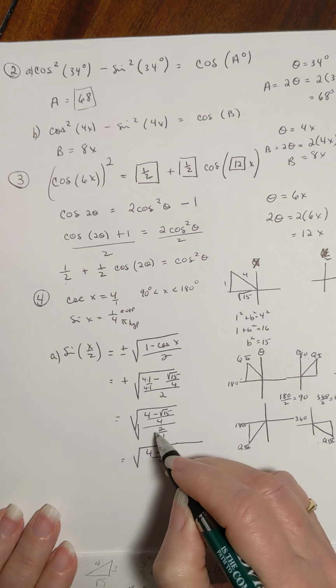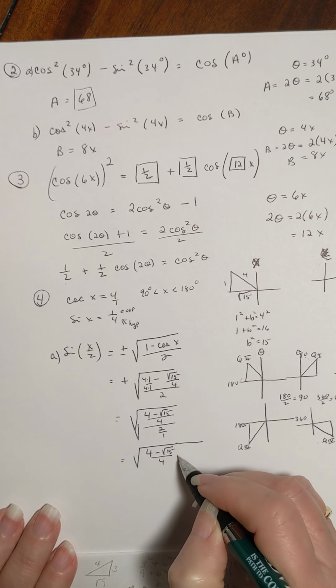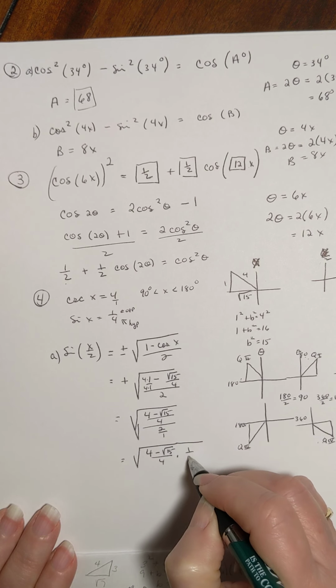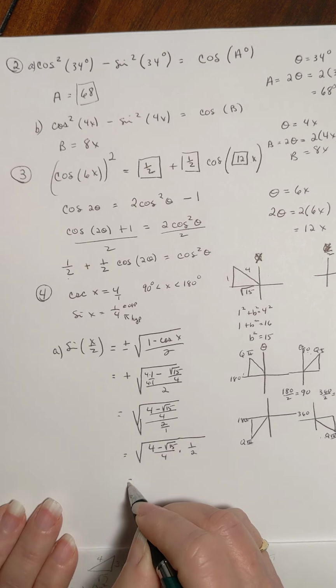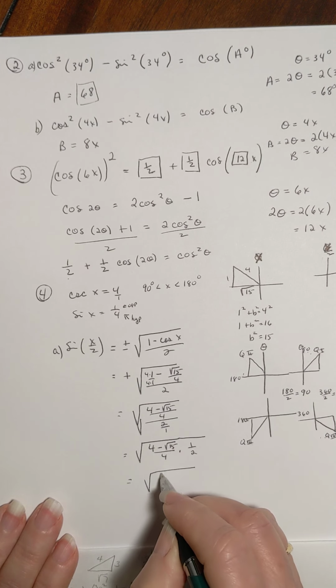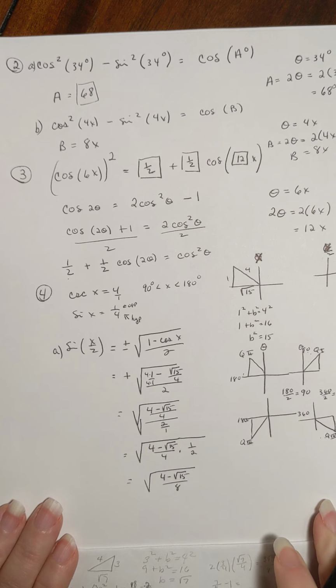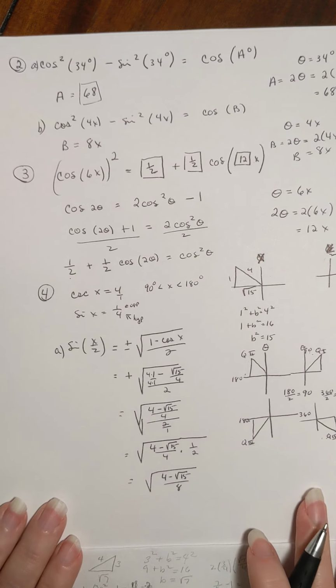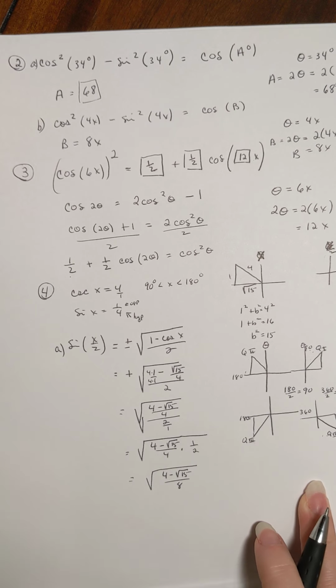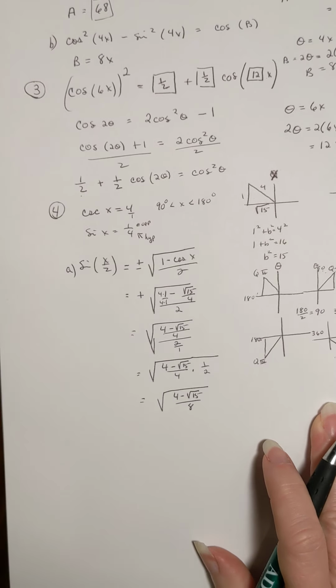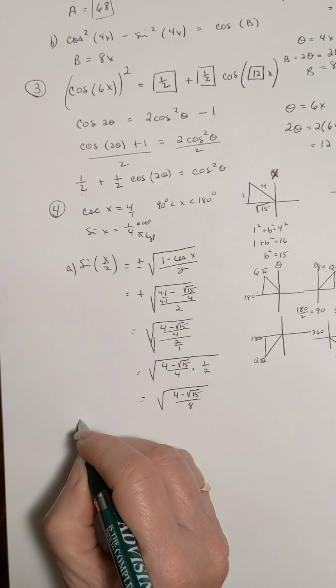So keep the numerator, change the division to multiplication, and flip the denominator. And so that would give me the square root of 4 minus the square root of 15 over 8. And that's how you simplify it. So the other ones will be very similar, and so I'm not going to simplify all of them. I just wanted to show you how to do the simplification.